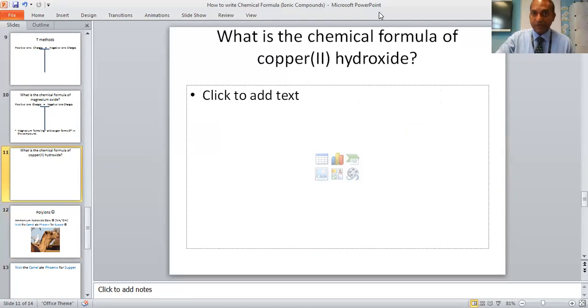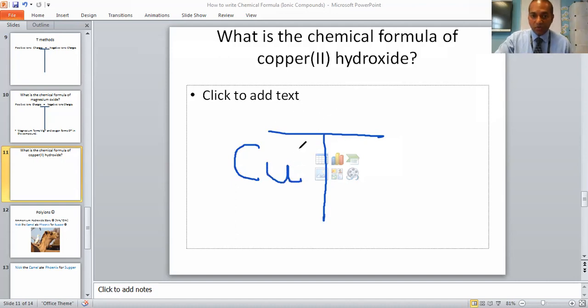I want to make the same table for you. I'm going to write 1 copper here. And we have learned just now, since it is 2, this copper is 2 plus.